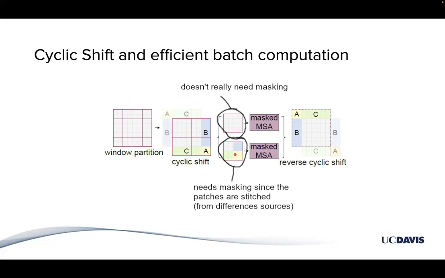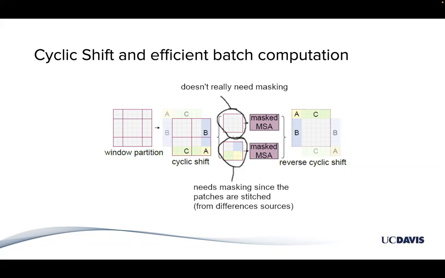For computing, say, this patch, they mask these patches, and for calculating self-attention in this window, they don't need to mask here. Then they do a reverse cyclic shift to get back the original positions of the windows.